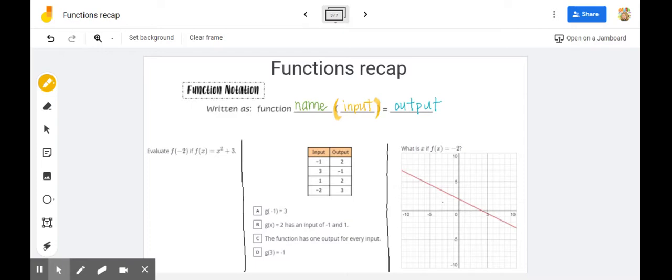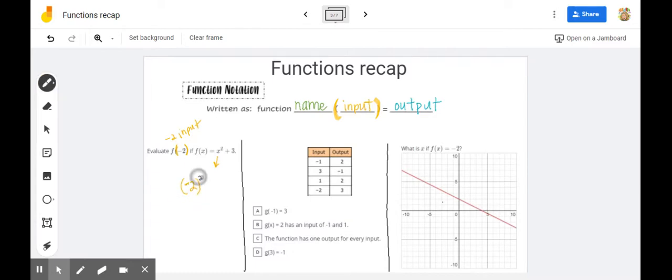So based on this example here on the far left, evaluate f of -2. Well, the first thing that I notice is that -2 is on the inside of the parenthesis. That means -2 is then the input. So I'm looking for the output. In order to get that, I use the function, and in place of x, I put my input.